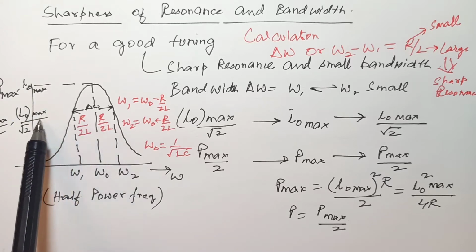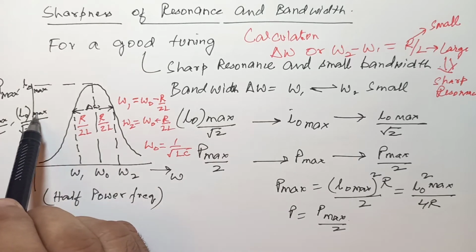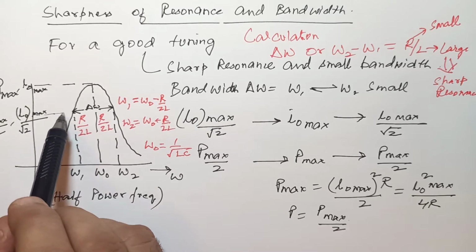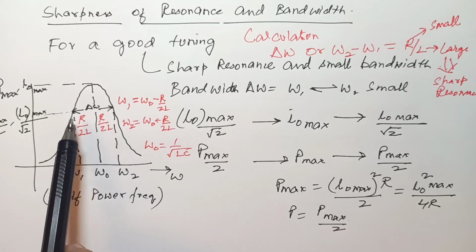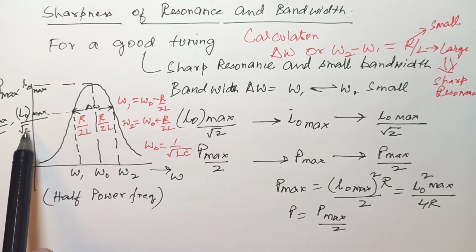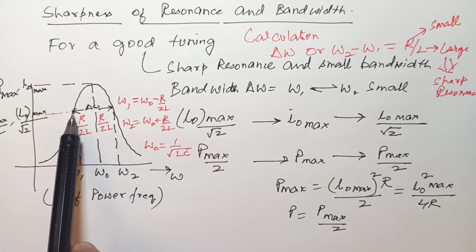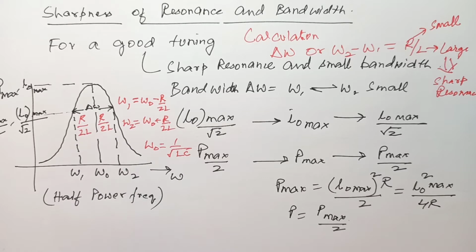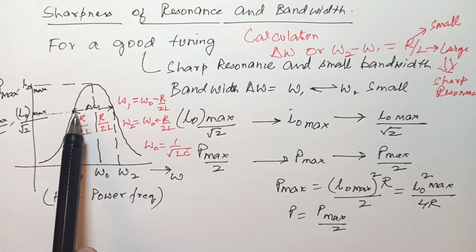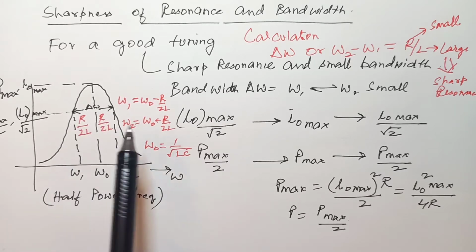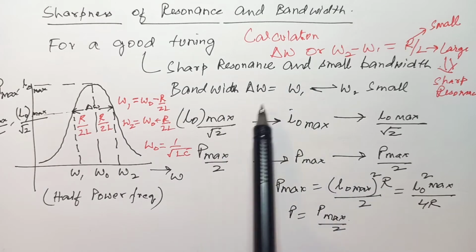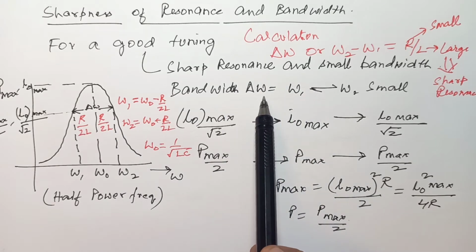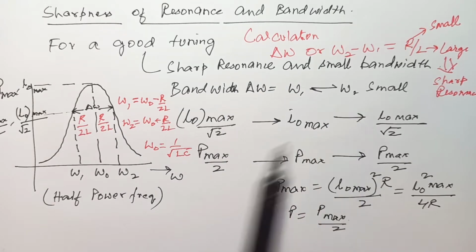So basically, at I naught by root 2 current, there are two frequencies, one is this and one is this. Now the bandwidth between them is what we have denoted here as delta W. Delta W is from W1 to W2.